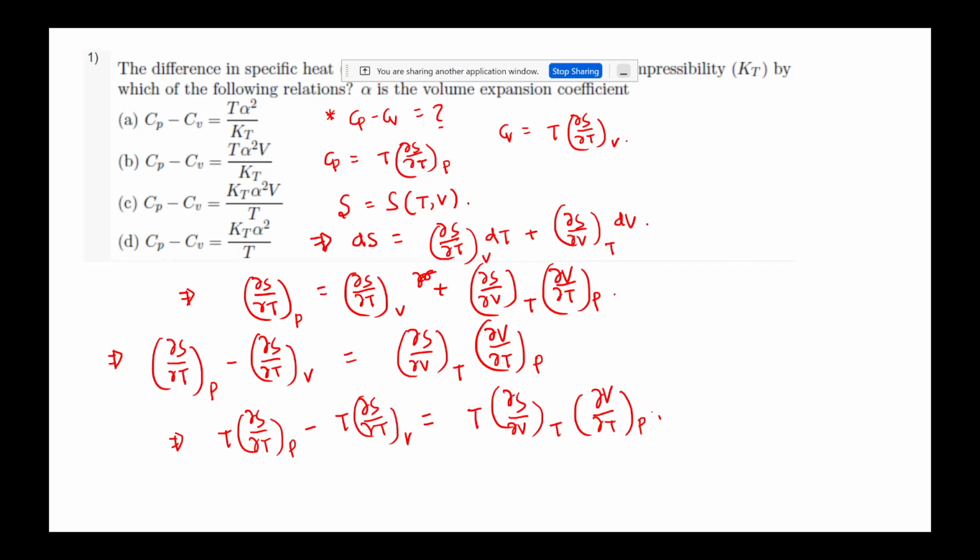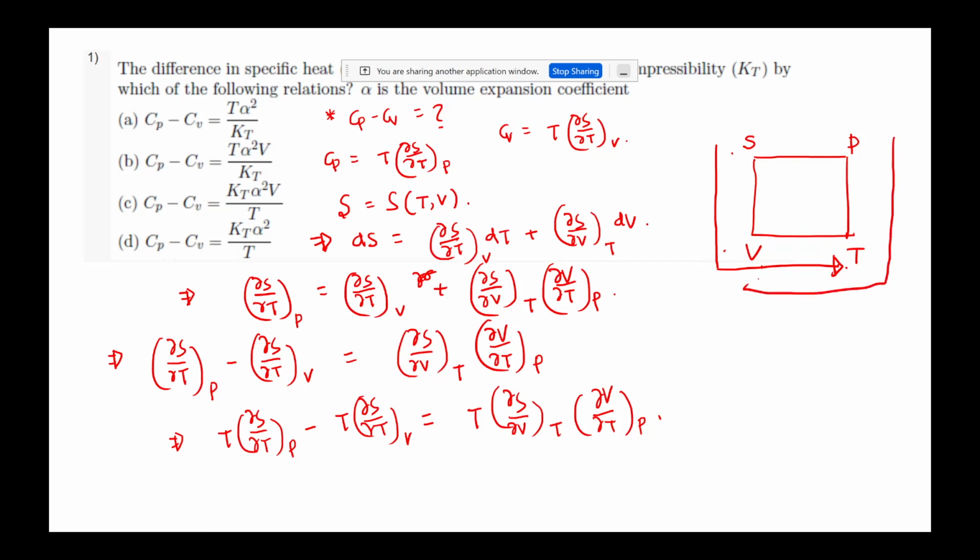So we need to first use the Maxwell relation. I will give you some mnemonics based on this. So let's say this is S S P T V. So SVT can be written like this, that will be equal to like this.